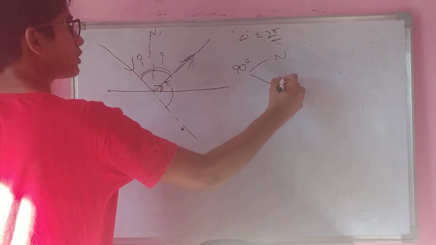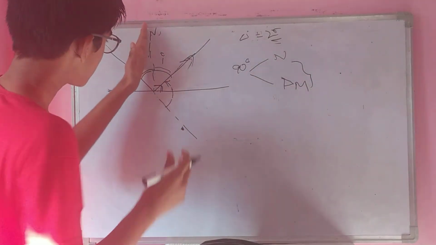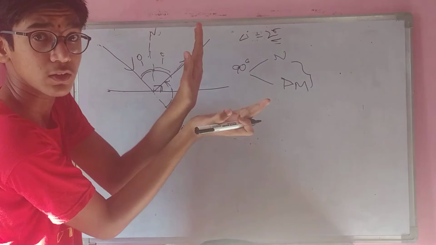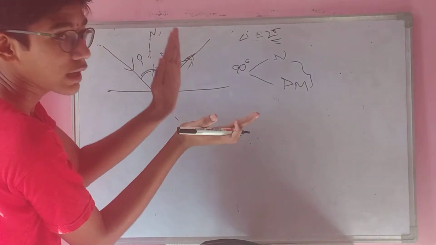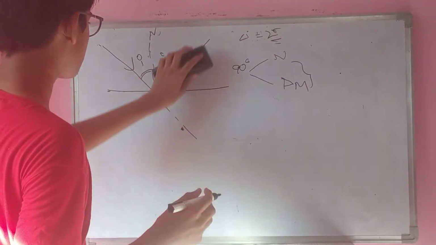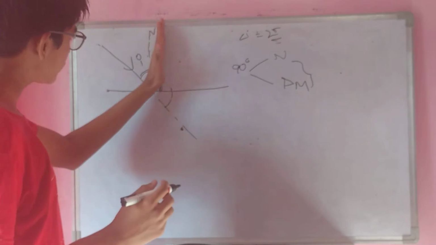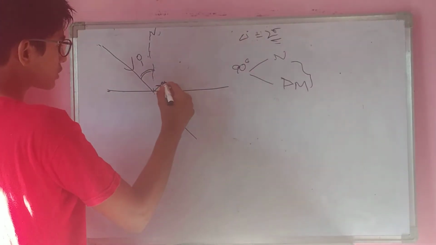So this and this are exactly perpendicular. So this is a total of 90 degrees. I am deleting all this. You would see the angle between normal and plane mirror is 90 degrees.